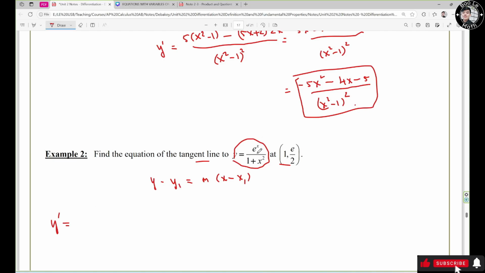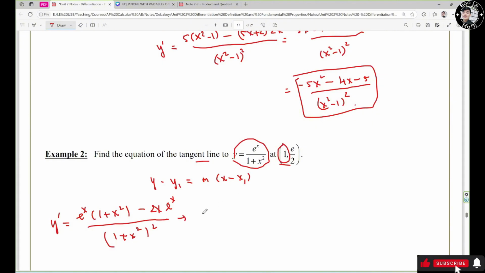We're going to use the quotient rule. So it's going to be e to the s times 1 plus s squared minus the derivative of 1 plus s squared, which is 2s times e to the s, over 1 plus s squared all together squared. Now I'm going to substitute 1 for s.